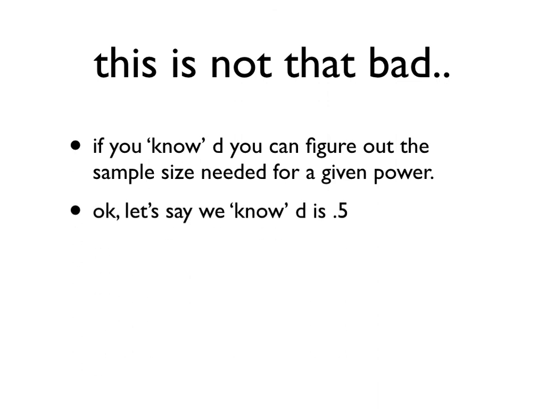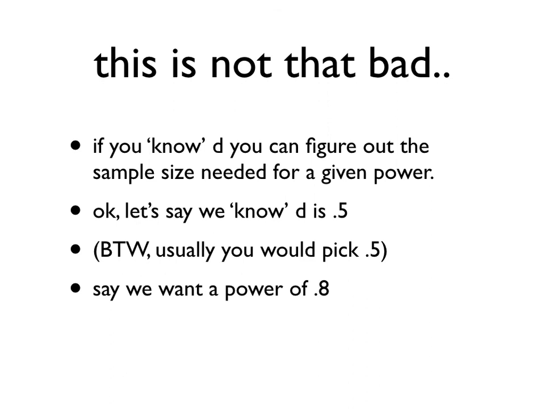So let's say we know that d is 0.5. In other words, we're going to say it's 0.5 because we're going to say that's big enough for us. And you usually pick 0.5 because it's in the middle. Most people go 0.5. I like 0.5. And let's say we want a power of 0.8.